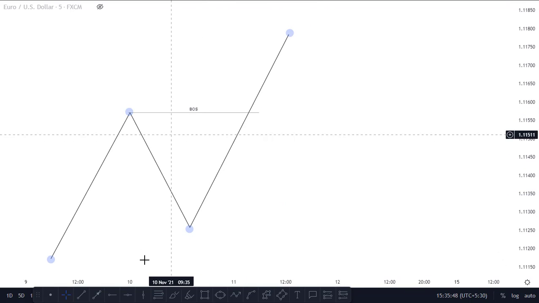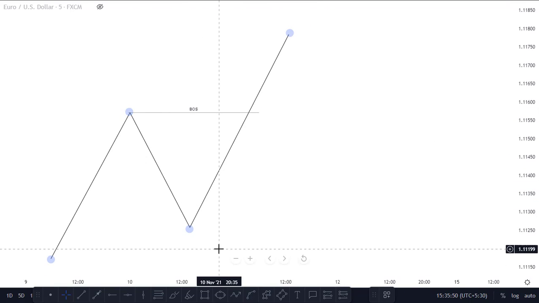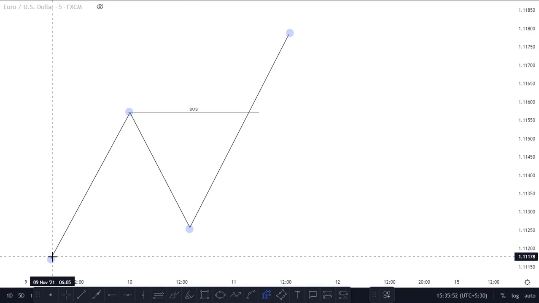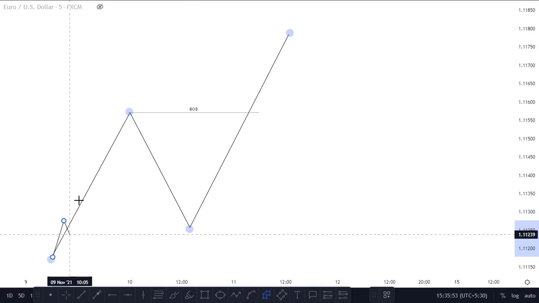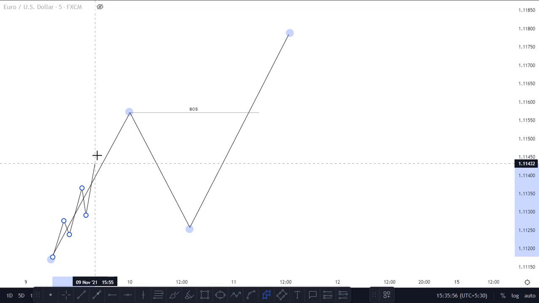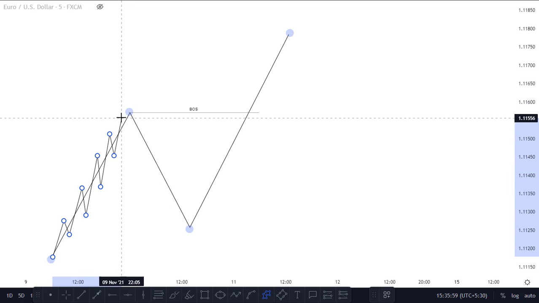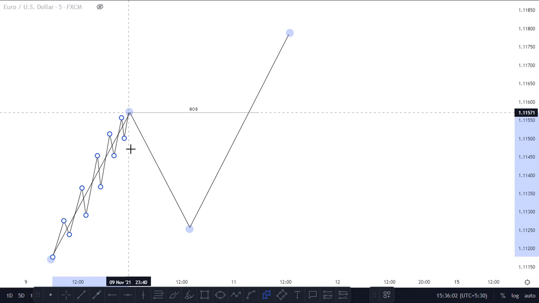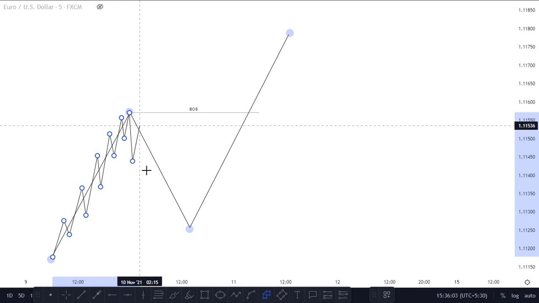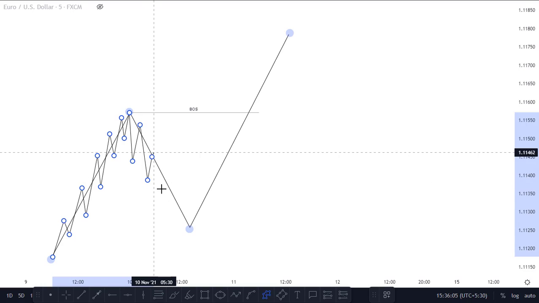So you know exactly as market is pushing higher, it will be creating minor structure. It will be creating minor structure here as market is pushing higher. It will be creating minor structure on this level.